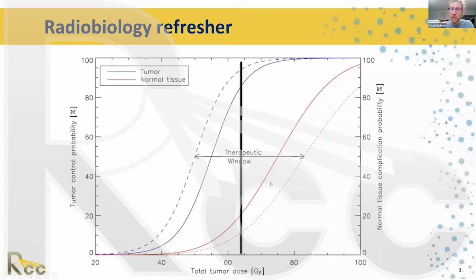If we could move this normal tissue complication line this way, and move the tumor control probability to the left, now all of a sudden we've got a better chance at curing the tumor and less chance of normal tissue complications. So that's what this is all about, and that's really why we're getting into fractionation schemes, dose per fraction, the length of the treatment time, missing fractions, and why we end up wanting to compare everything in equivalent doses in 2 gray per fraction. But just keep this in mind. This is what it's all about.